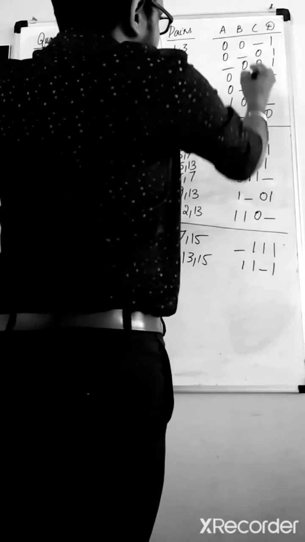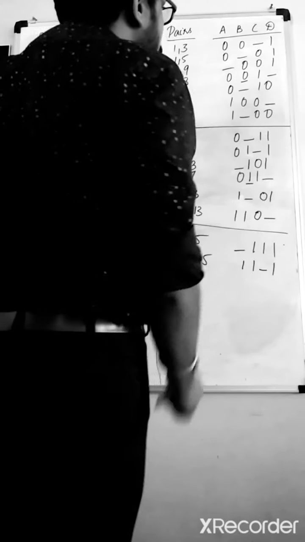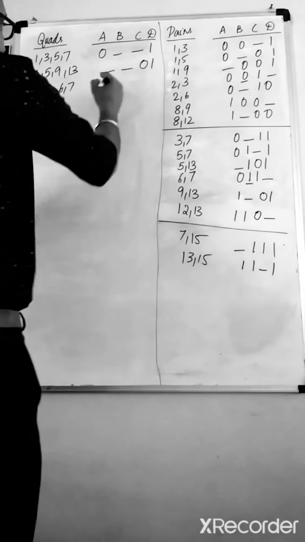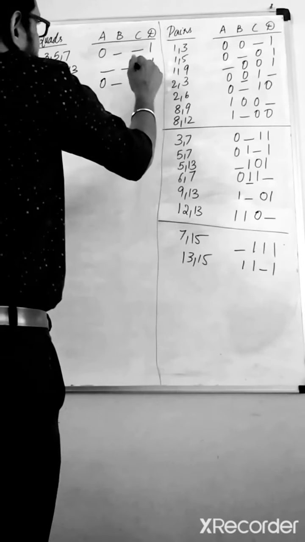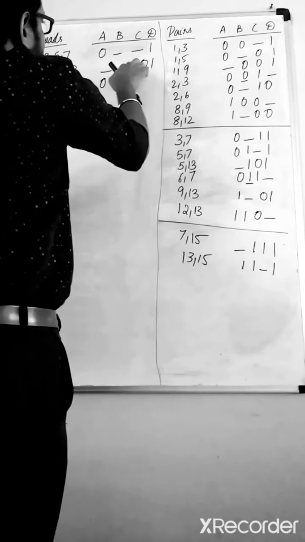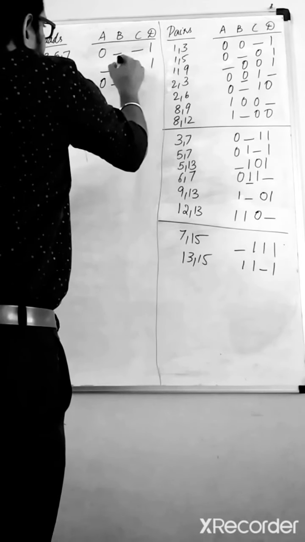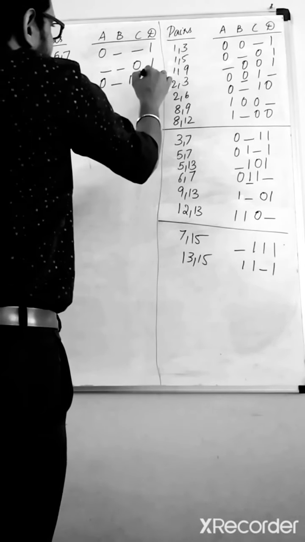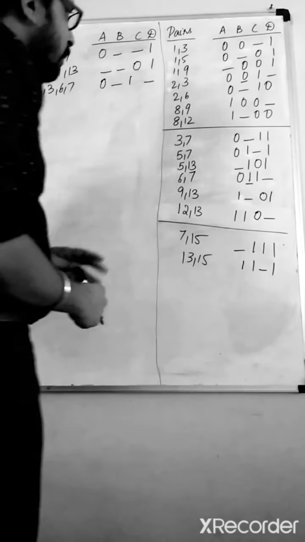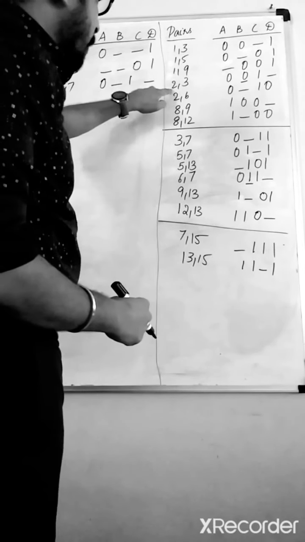Where is the change? Here is the change. So what we do is 0 dash 1 dash. That is 2, 3, 6, 7.